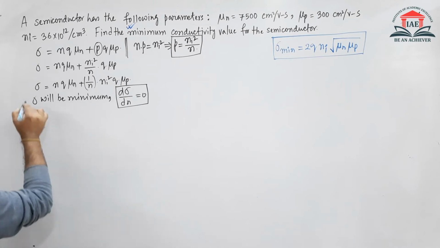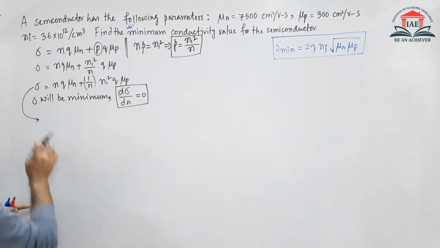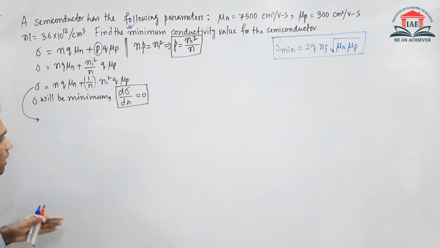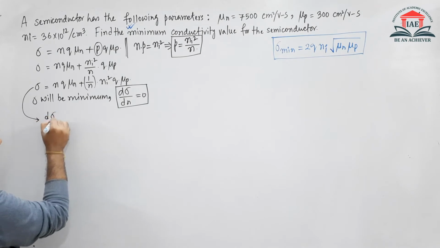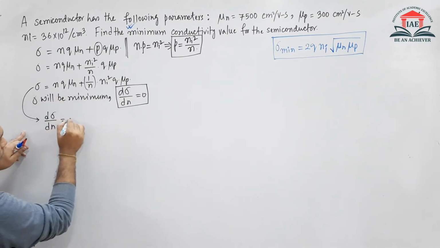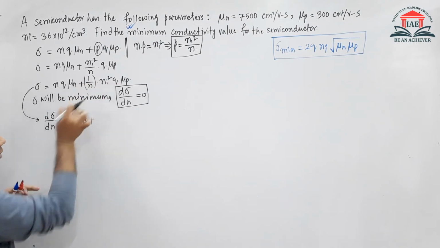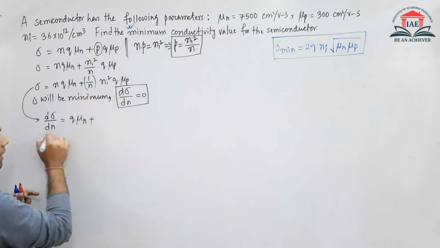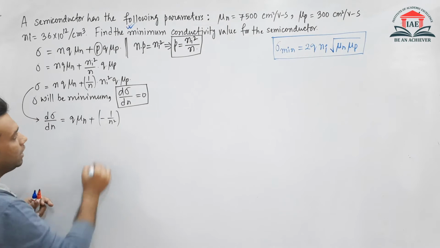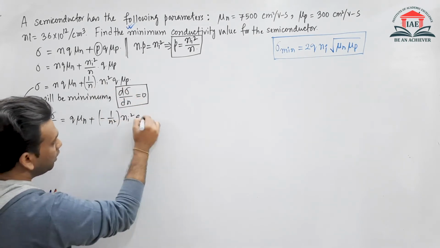So now let us find d sigma by dn from this equation. ये जो इक्वेशन है इस इक्वेशन से मैं d sigma by dn का वैल्यू निकालूंगा. So let us do the derivative. So d sigma by dn क्या होंगे, यहाँ पे n है, so it will be q into mu n only. यहाँ पे क्या है 1 by n. तो इसको अगर डेरिवेटिव करेंगे विद रिस्पेक्ट टू n, इट विल कम आउट टू बी minus 1 by n स्क्वायर. यहाँ पे क्या था ni स्क्वायर, यहाँ पे था q mu p.